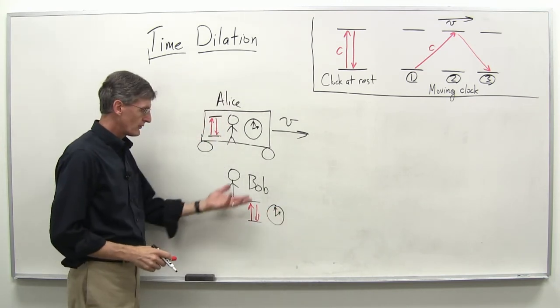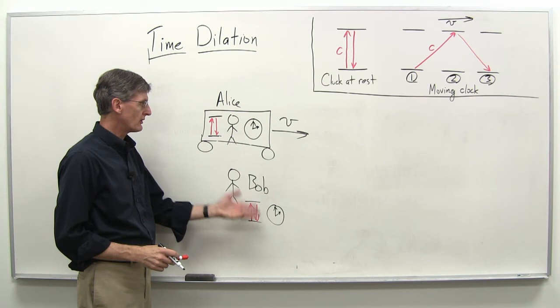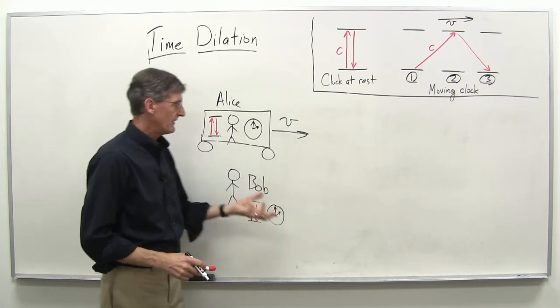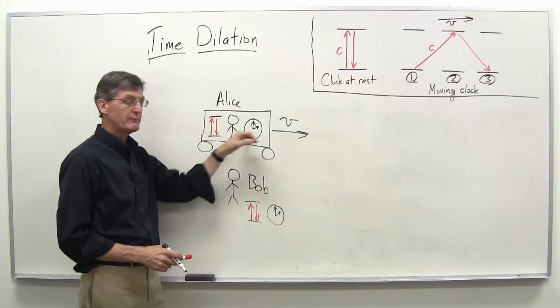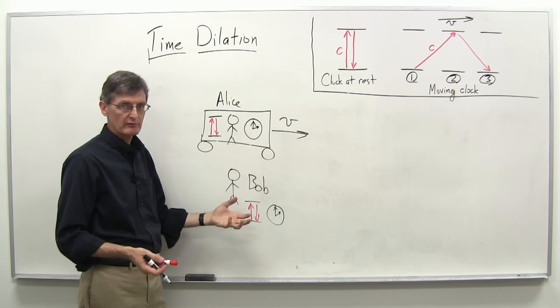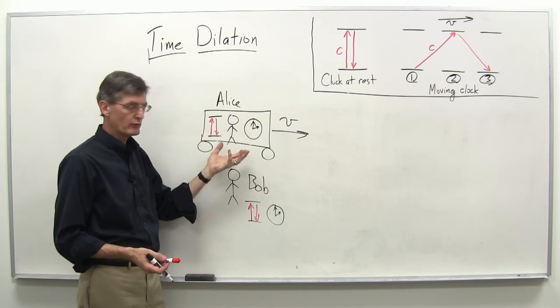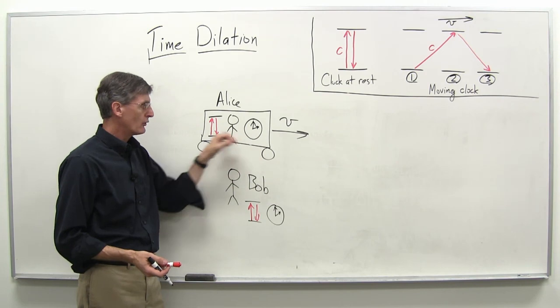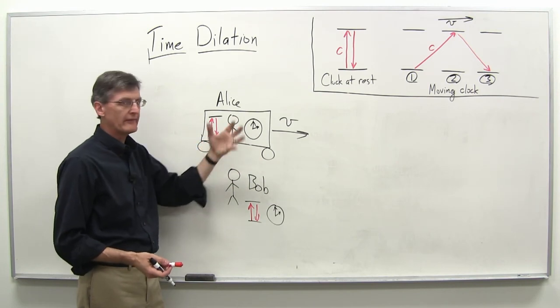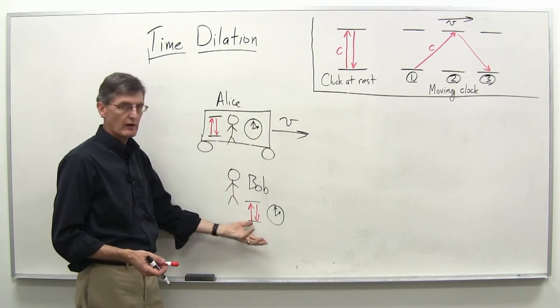Okay? And so his clocks are running normally, perfectly in sync with each other. Alice goes by at some velocity v. Those clocks also have to keep in sync with each other, otherwise there's a violation of the principle of relativity. Alice could tell whether she's moving or not. And they're going to move more slowly by the gamma factor compared to Bob's two clocks here.